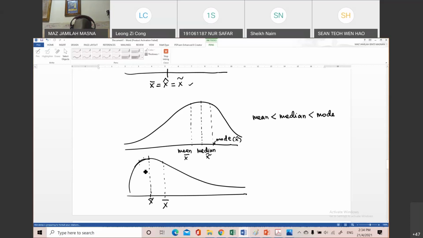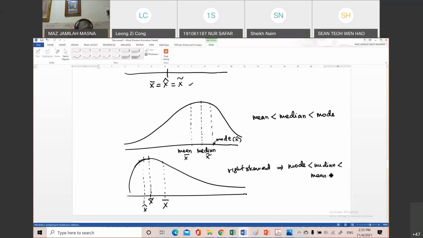So this is your mode. So what happens for right skewed? Your mode is lower than your median, and your median is lower than your mean.